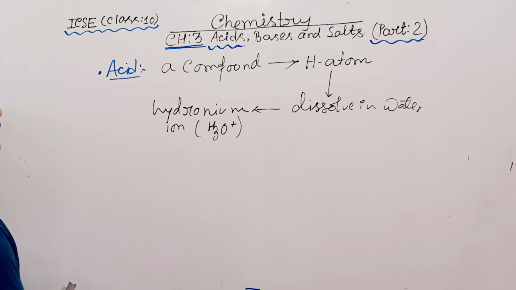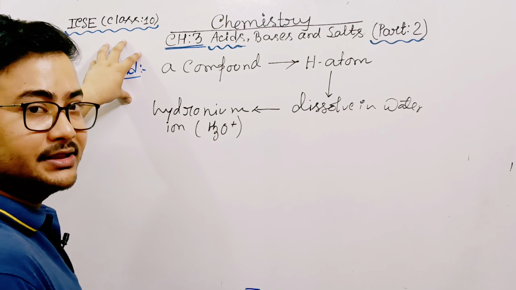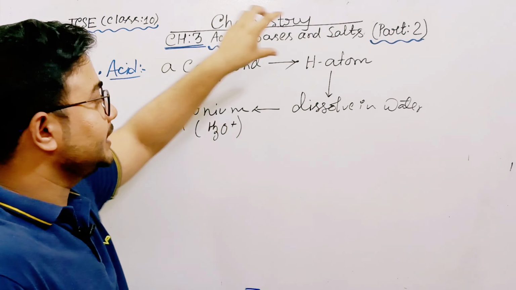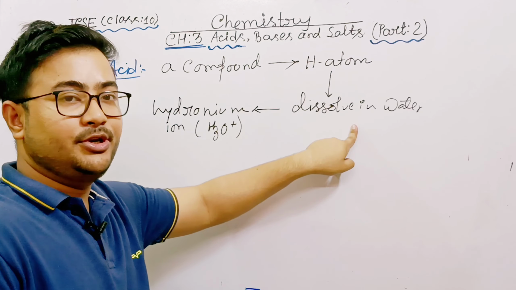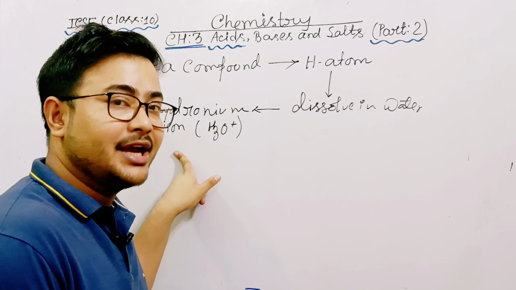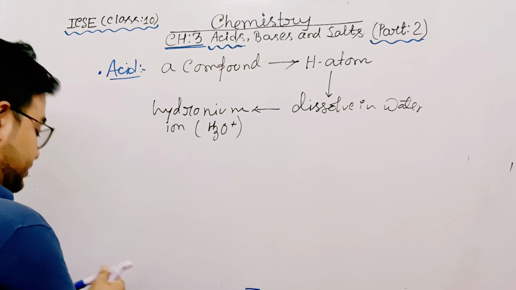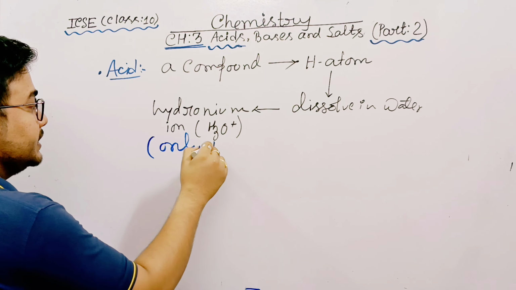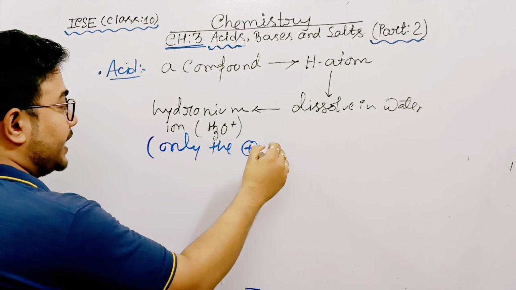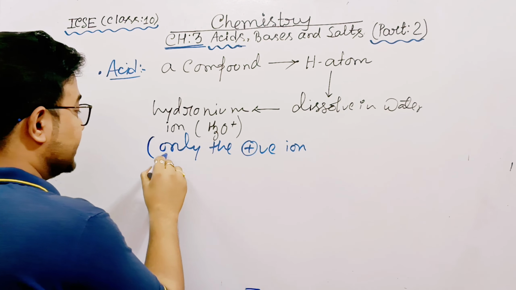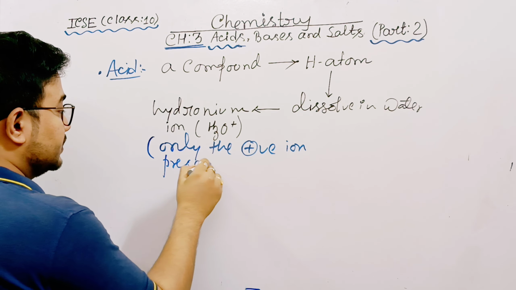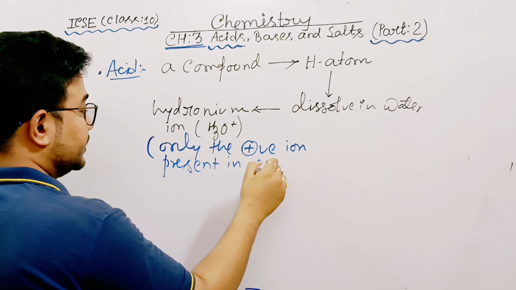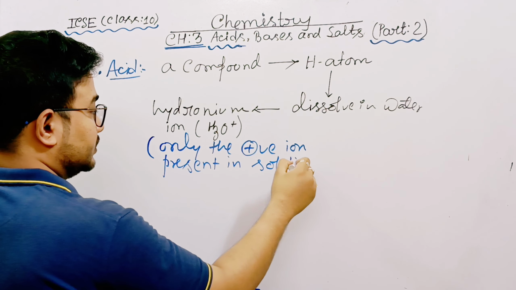Next point: an acid is a compound that contains hydrogen, and when dissolved in water it produces hydronium ion. Now this hydronium ion is the only positive ion present in the solvent or solution.